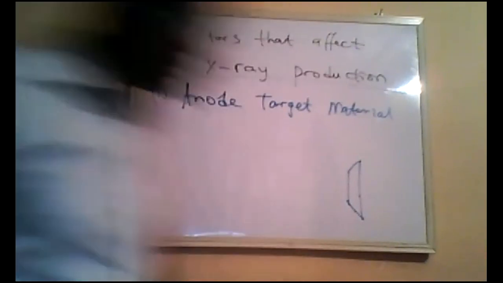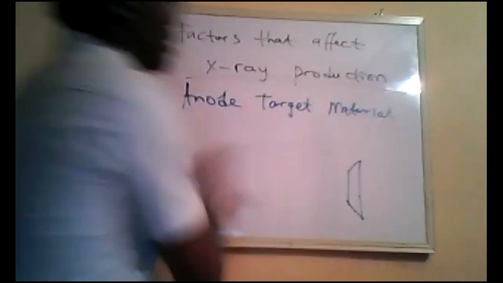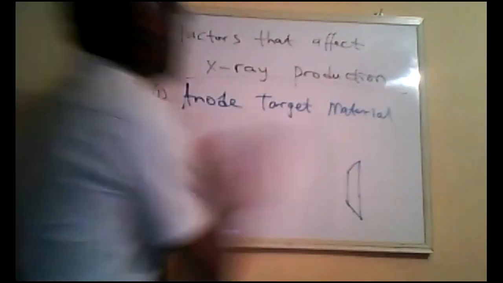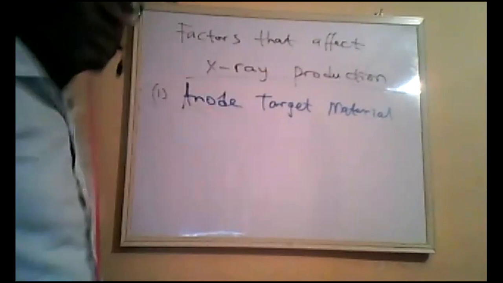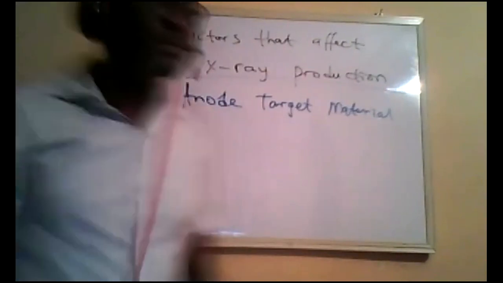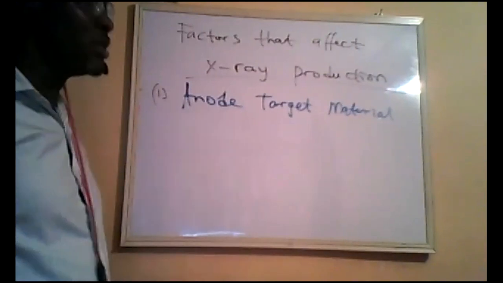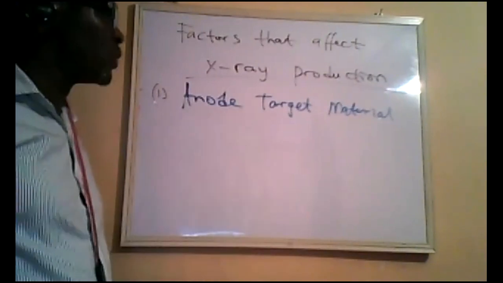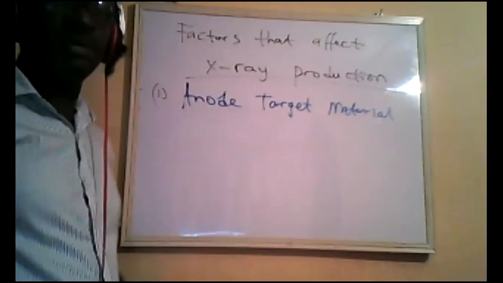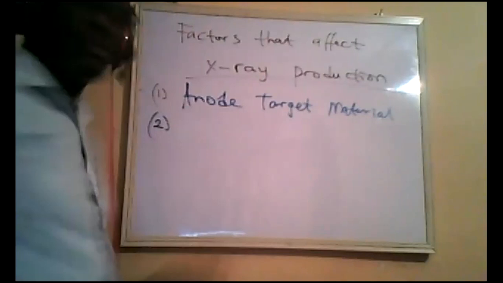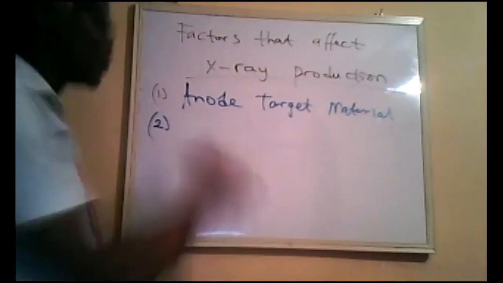When we get to mammography, we will differentiate between screening mammography and diagnostic mammography. So the anode target material is one factor that determines the quality and quantity, especially the quantity of X-ray. You're going to have many X-ray photons or fewer. But we also want to look at the tube voltage.